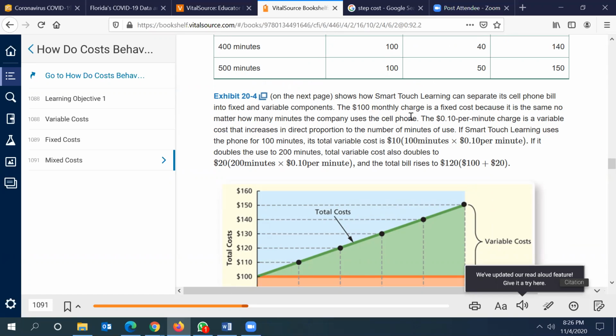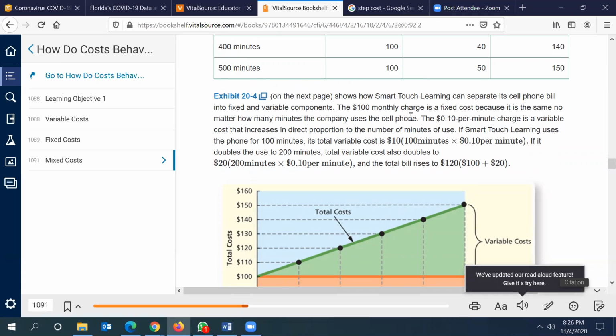So the cell phone bill is a really good example of a mixed cost. Again, one little chunk of a company's total cost. And the $100 monthly charge is the fixed cost because it's the same no matter how many minutes the company uses the cell phone. But then they have a 10-cent per minute charge as a variable cost that, of course, increases in direct proportion to the number of minutes of use.